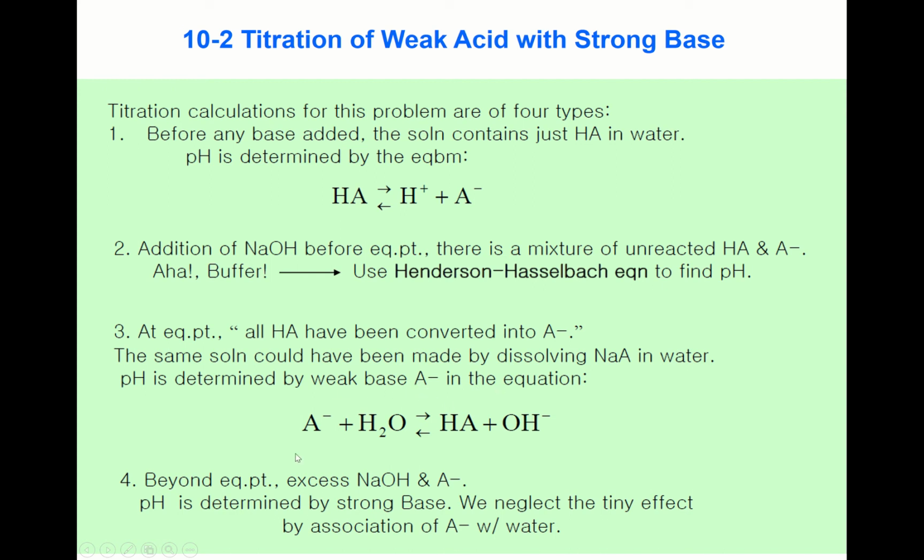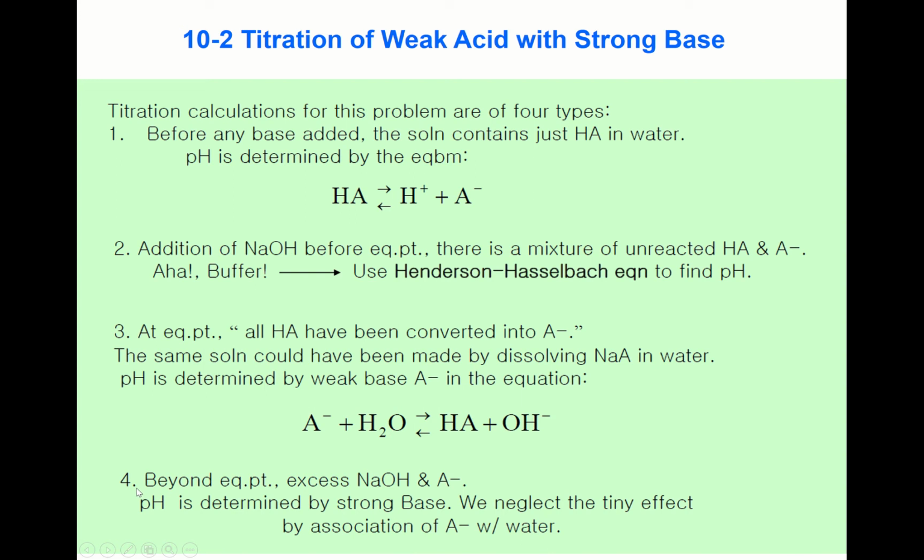This anion reacts with water to give the weak acid and hydroxide ion. Since it makes hydroxide ion, the pH must be beyond 7.